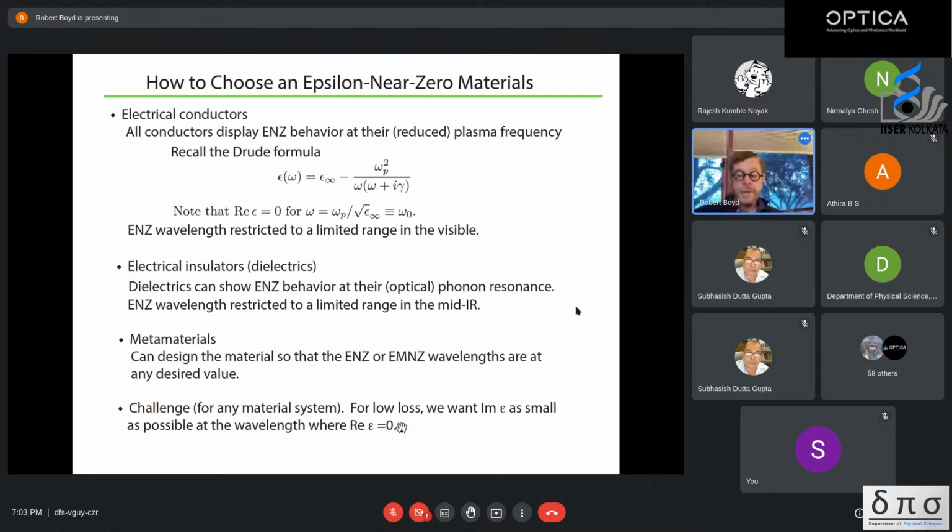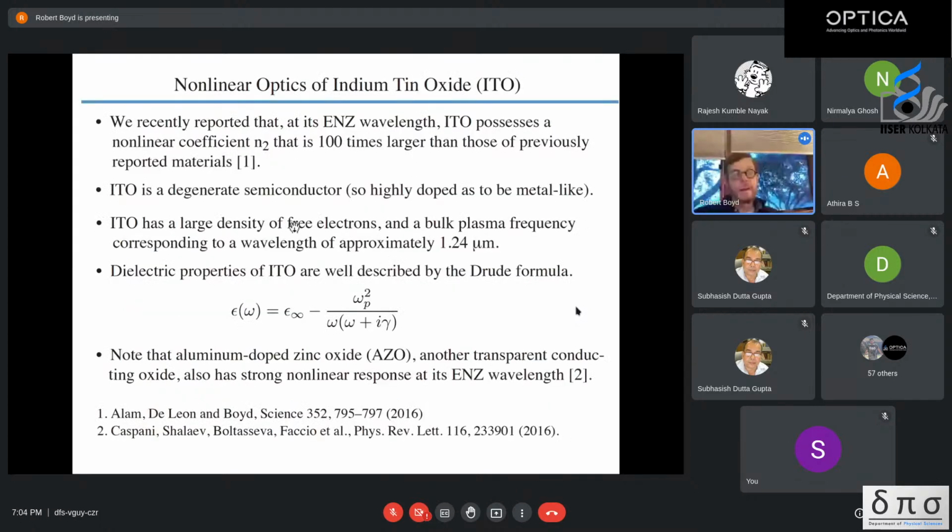This is a challenge. We're usually working near a resonance, and near a resonance, the imaginary part of epsilon tends to be large. So you have to work really hard to try to find situations in which you have low loss, but still have the epsilon near zero behavior. Most of my work is based on indium tin oxide, or ITO.